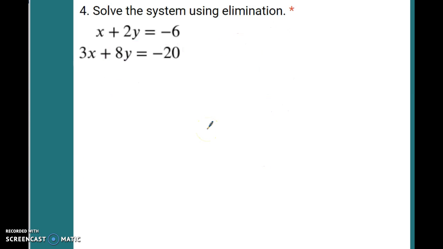In problem number 4, it says we can solve it using elimination. But I can't eliminate with the way the problem is right now because I don't have the same variable in both equations. So I'm going to multiply my top equation by negative 3. That gives me negative 3x minus 6y is equal to positive 18.